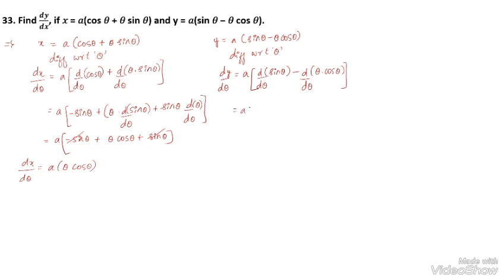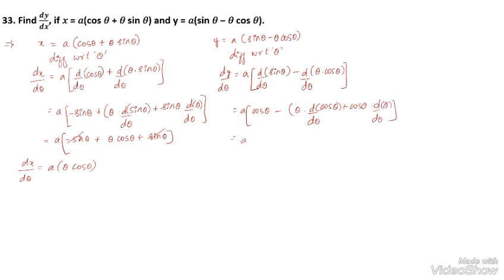Now, a into differentiation of sin theta, which is cos theta, minus, here there are two functions. Here also I can apply the product rule. That is, first function constant and differentiation of second function, that is differentiation of cos theta, plus taking the second function as constant, the first function I can differentiate.